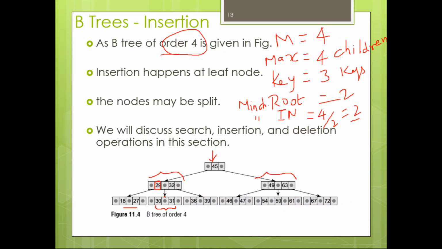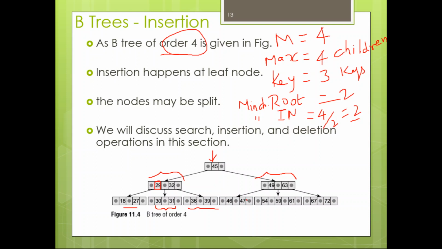Because this pointer comes in between 29 and 32, it should point to a node that has only values between 29 and 32. The pointer to the right side of 32 is pointing to a node containing the values 36 and 39.